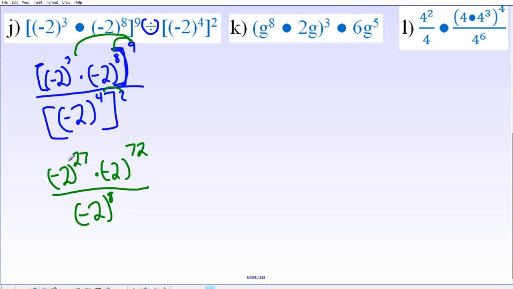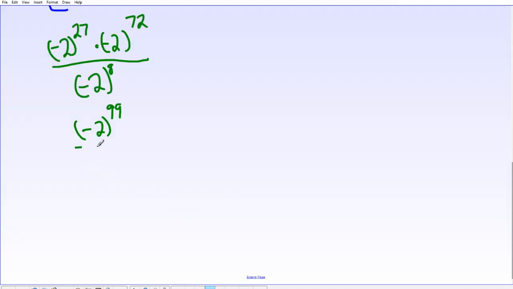If I simplify the top here, I've got negative 2 to the 27 times negative 2 to the 72. That's going to give me, if I add my powers together, because I've got negative 2 times negative 2, we're adding the exponents together. Negative 2 to the 99th power over negative 2 to the 8th.